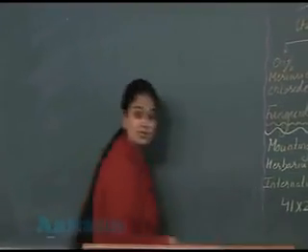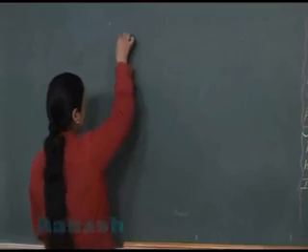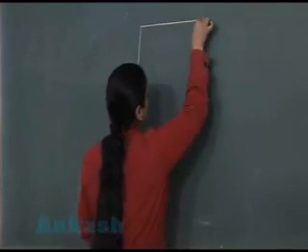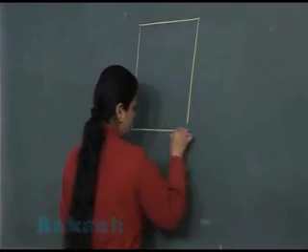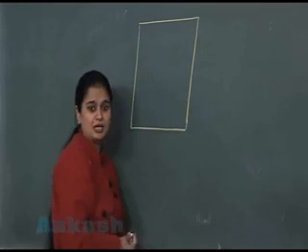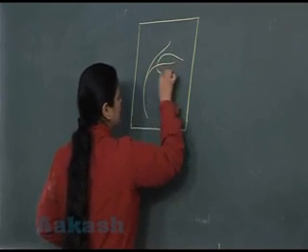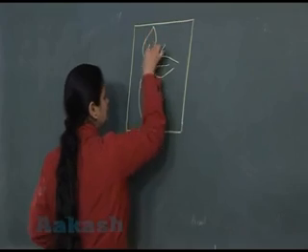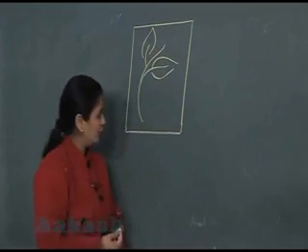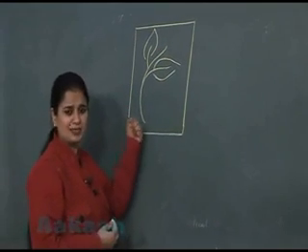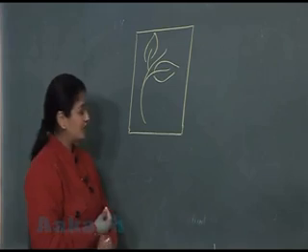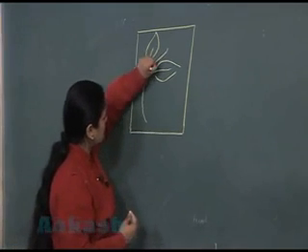Let's say this is the herbarium sheet. Over the herbarium sheet, now we are going to place the specimen. Yes, we will place the dried pressed specimen. This specimen is pasted over here.